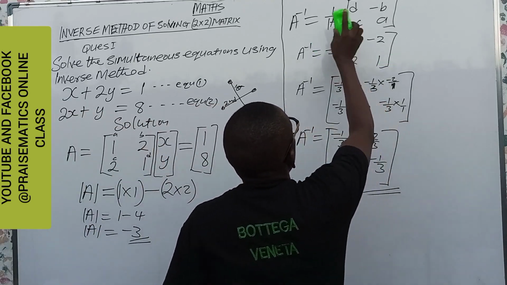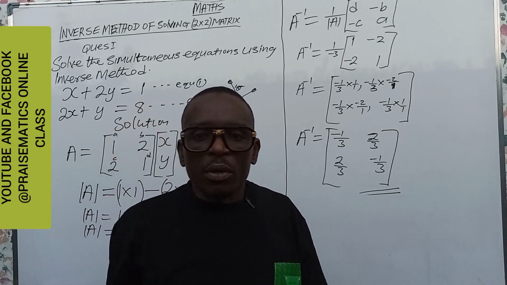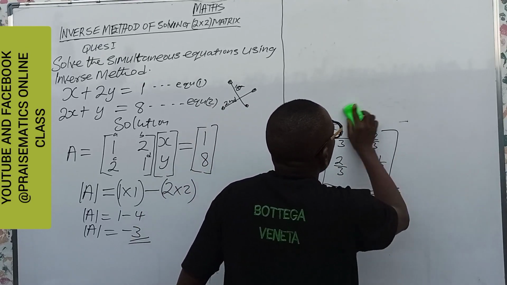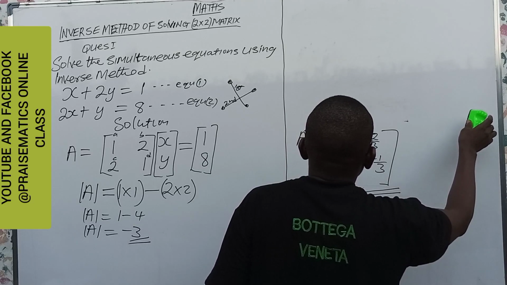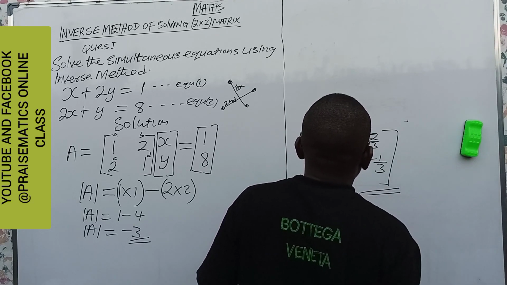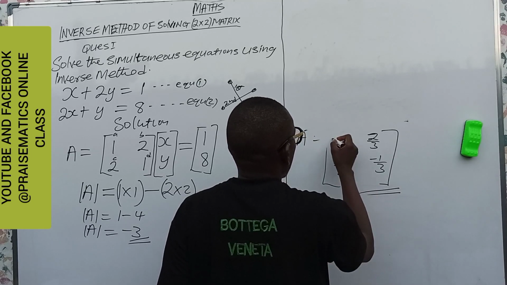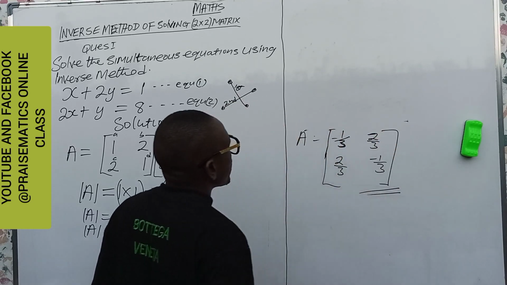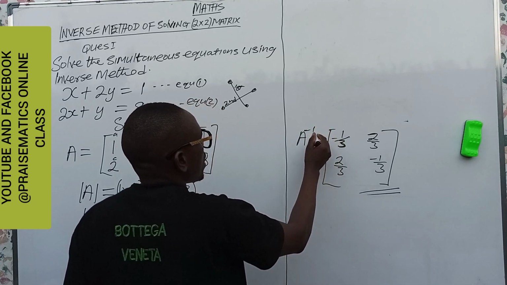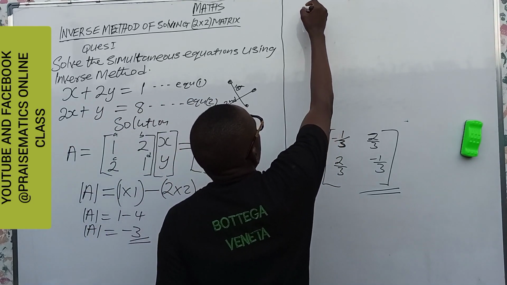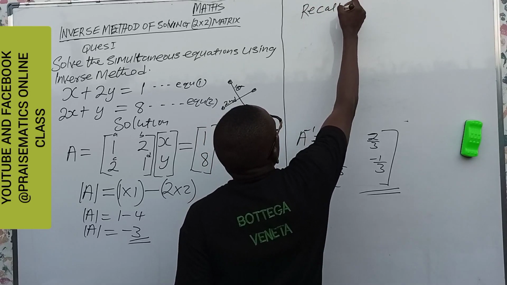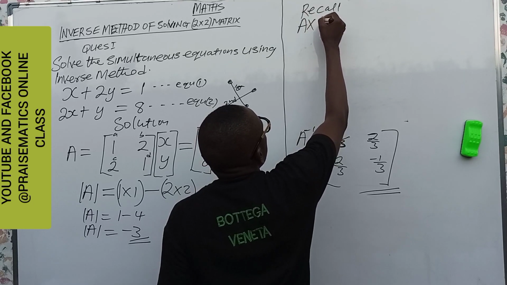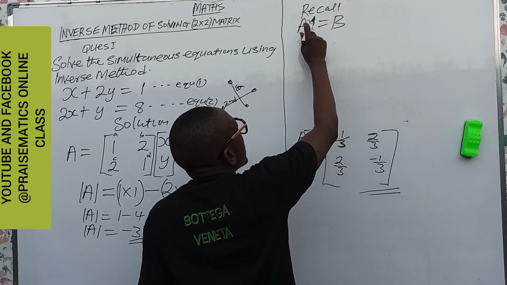Okay, let's go. I want to wipe the board. Now we are not looking for this thing. We are not looking for A inverse. We are just looking for the solution. We want to get x and y. Now, from here, if we have our A inverse, always remember there is a formula that says that Ax is equal to B, and we want to make x the subject of the formula.